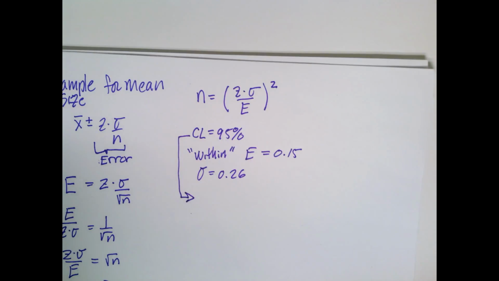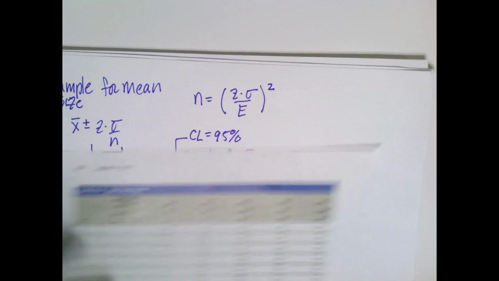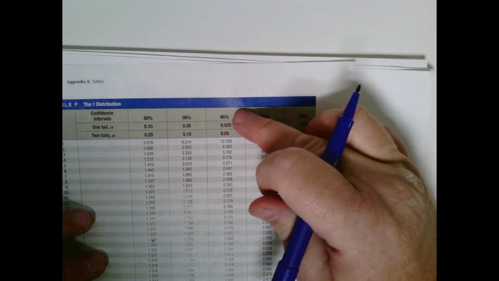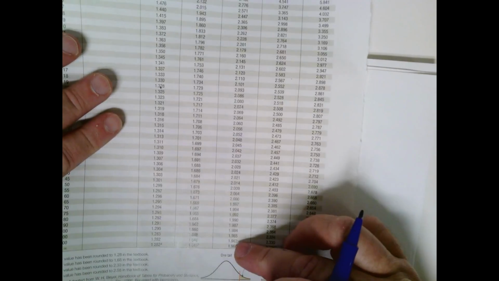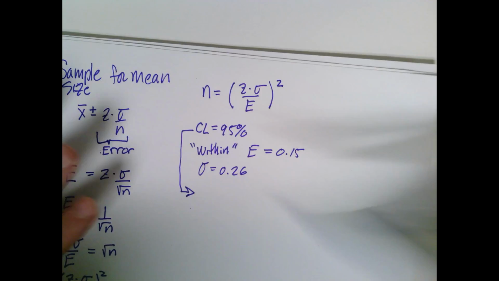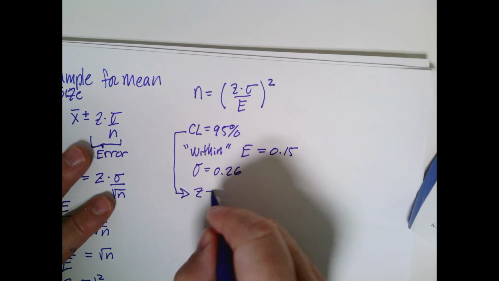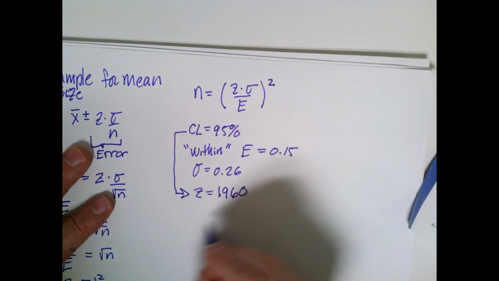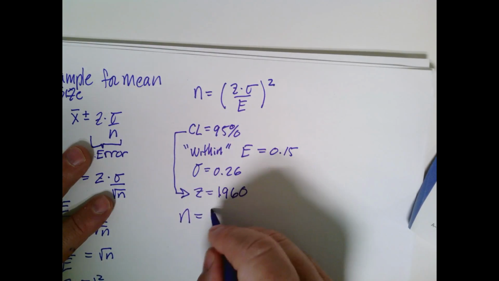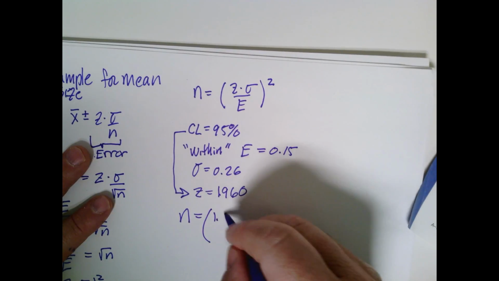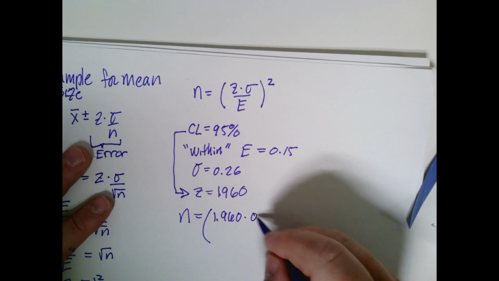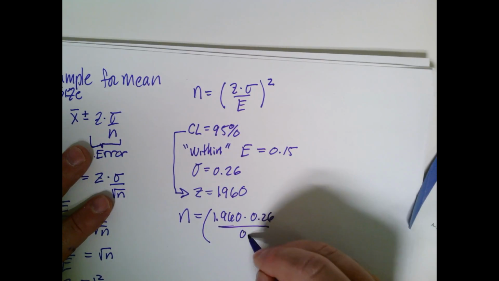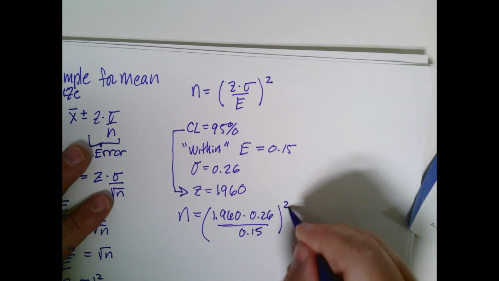So again, we just go to the table and we have a 95% confidence, and since it's a z, we slide all the way to the bottom and we get 1.960, and we use that z. Now we just plug it all in, so we have z, 1.960, times sigma, 0.26, over the error, 0.15, squared.